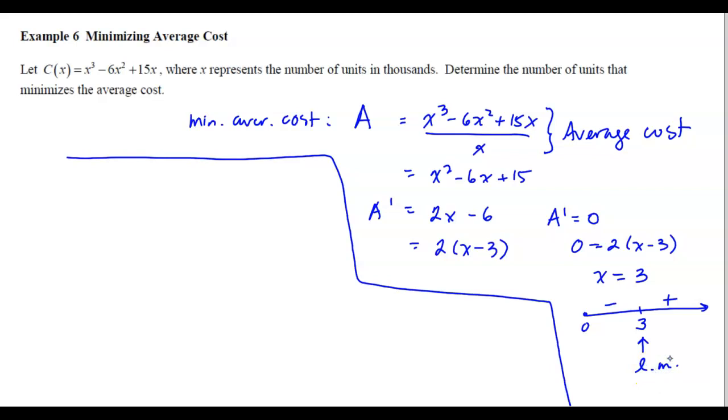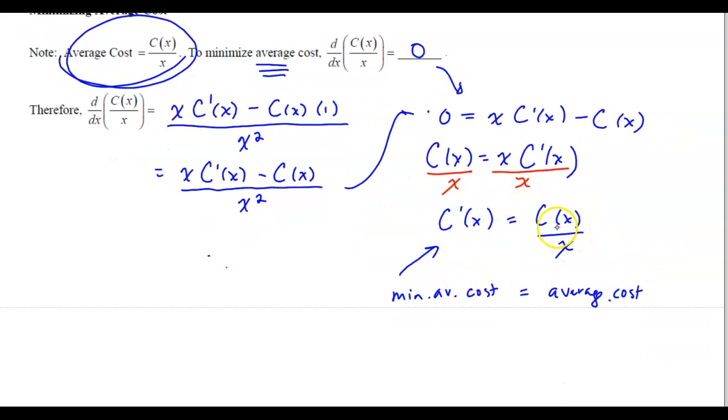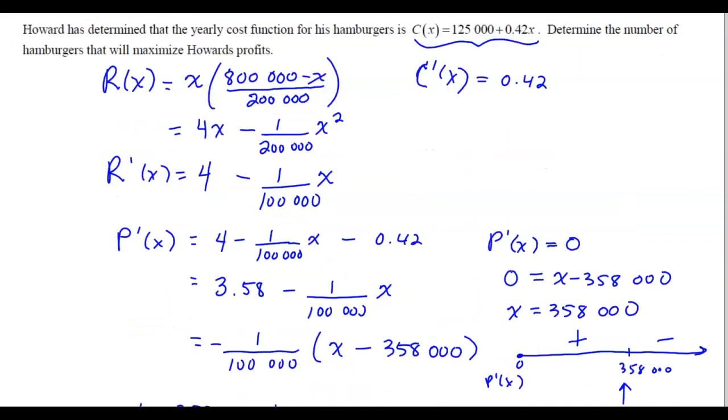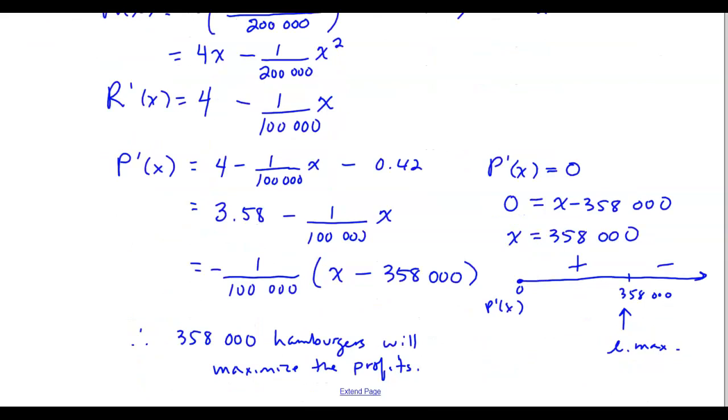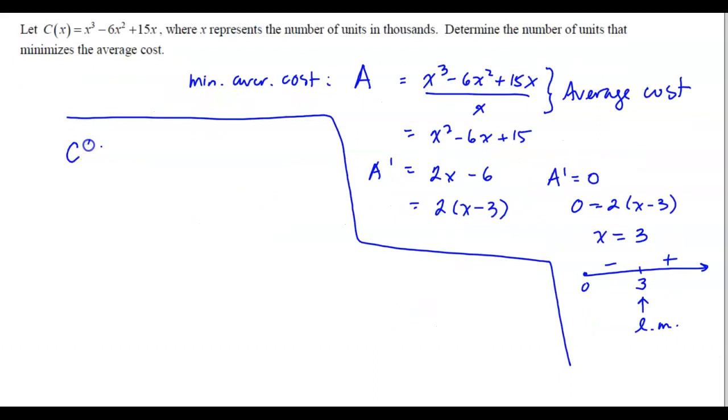The other way is going back and doing this function here. So c prime of x equals the average cost.